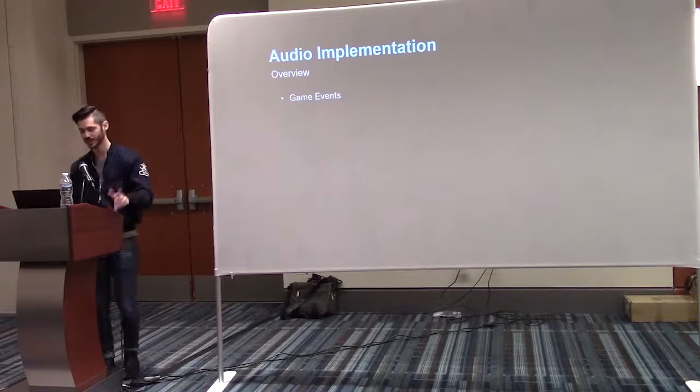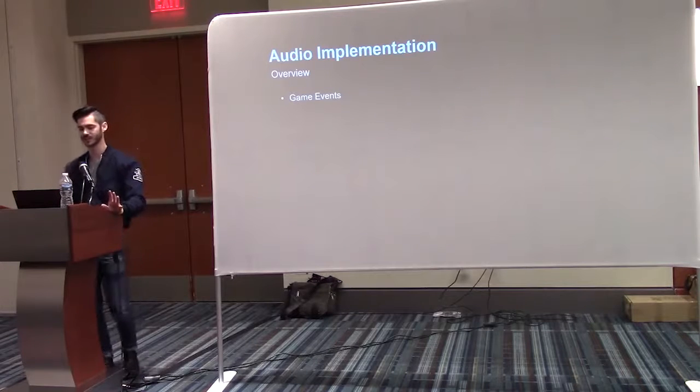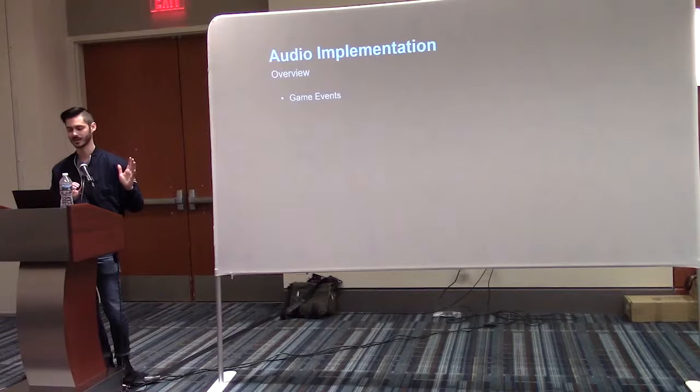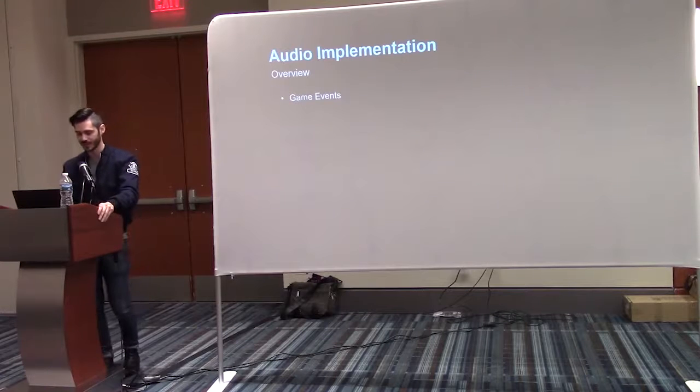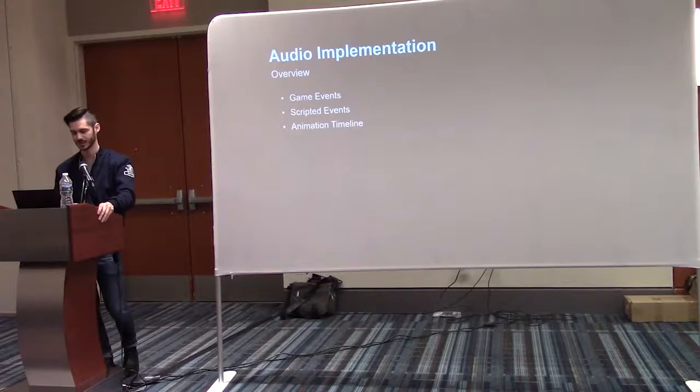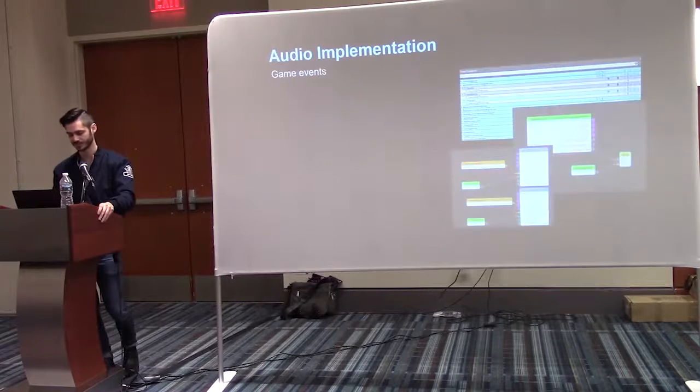So, audio implementation. This is actually taking the sound events that are created in the middleware, in this case Wwise, and hooking them up into your game engine. I've got a few categories of different audio implementation. First is game events, then scripted events, and then animation timelines.